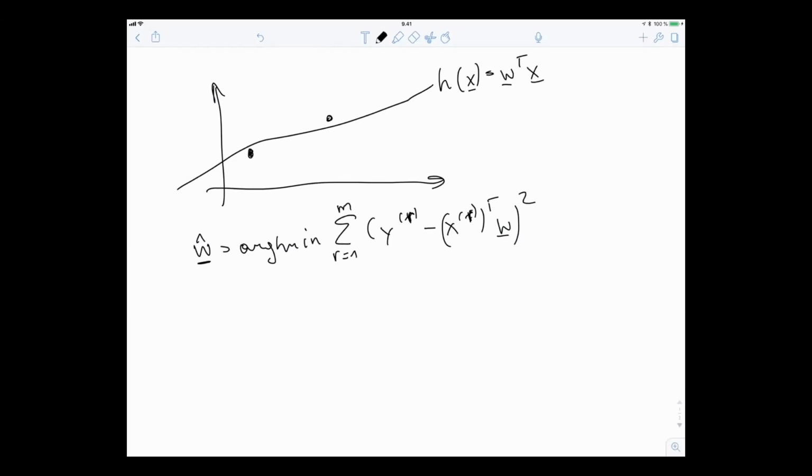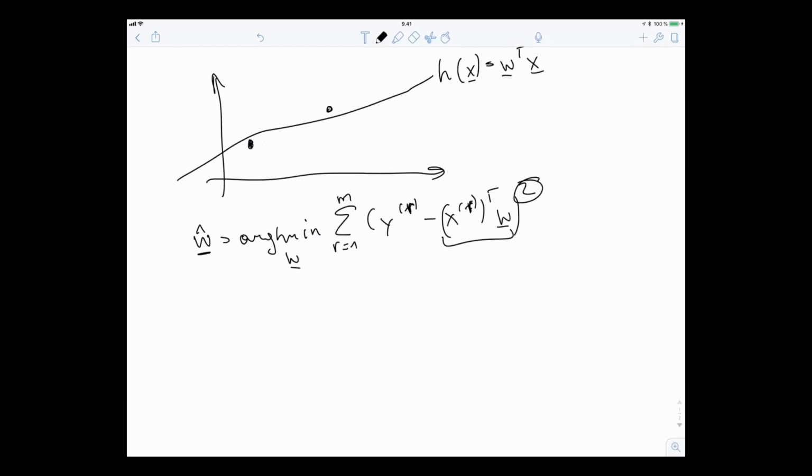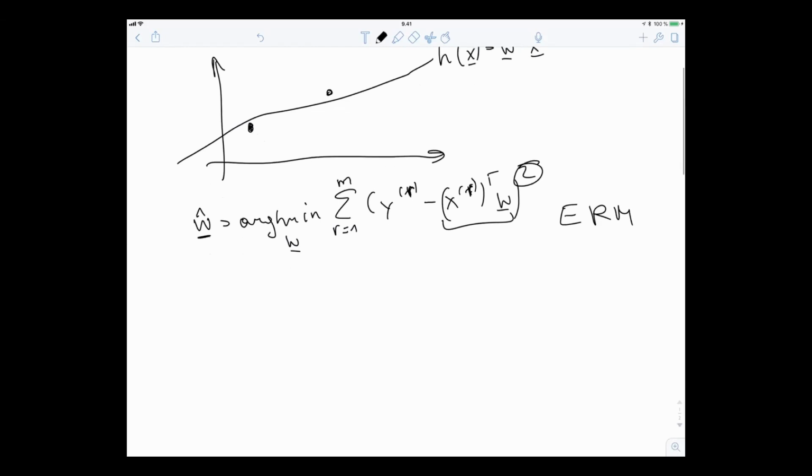So this is the training problem. And this is what I mean by a machine learning principle. This is called empirical risk minimization, using a specific loss function, the squared error loss, and using a specific model. So this is one instance of the principle called empirical risk minimization.